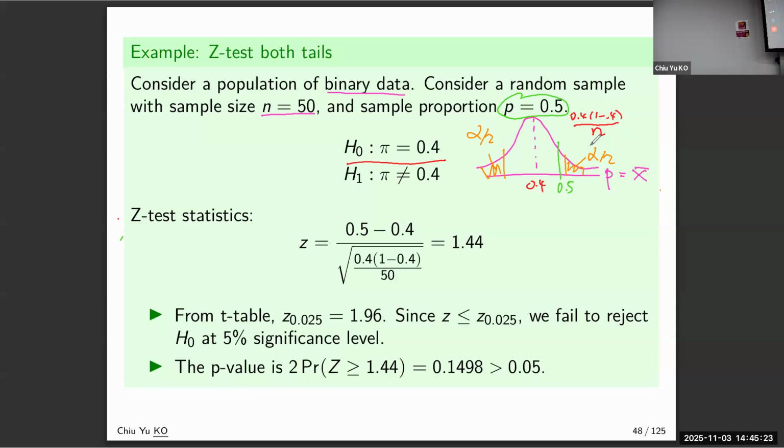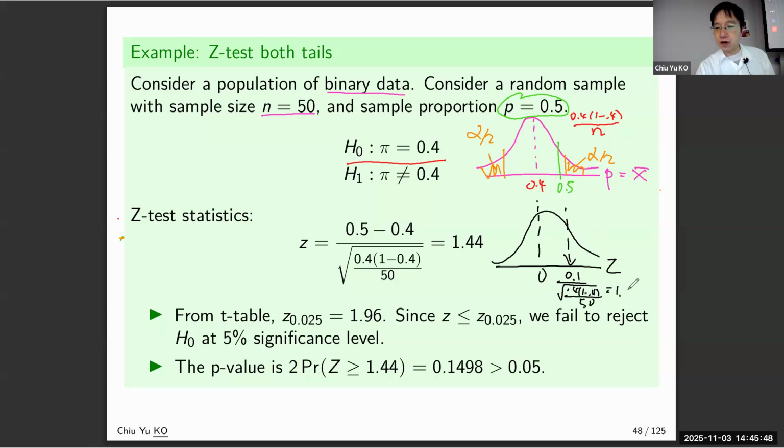Again, it's normal, and we know the variance, so it is customary to convert to z. 0.4 is 0, and 0.5 is a distance of 0.1 over square root of 0.4 times 1 minus 0.4 over 50, which gives 1.44.